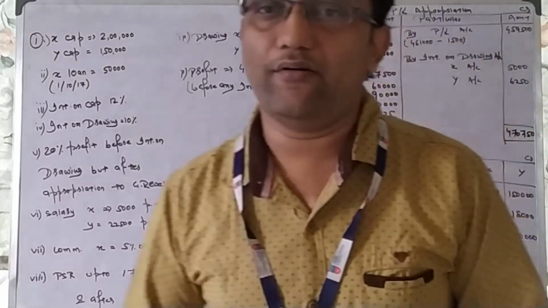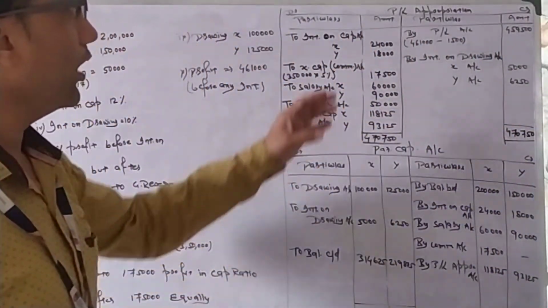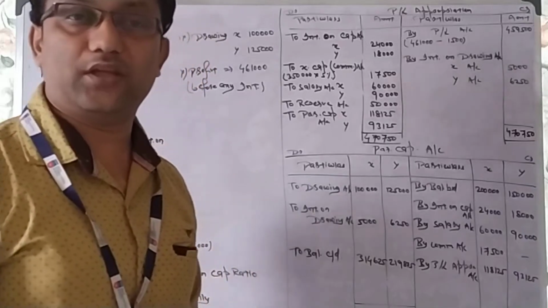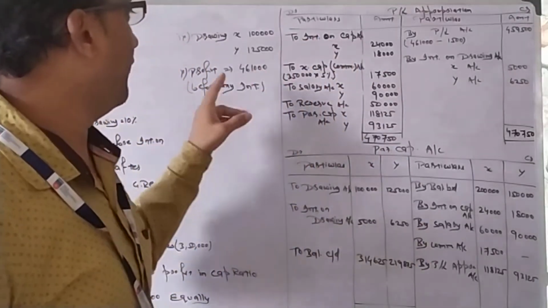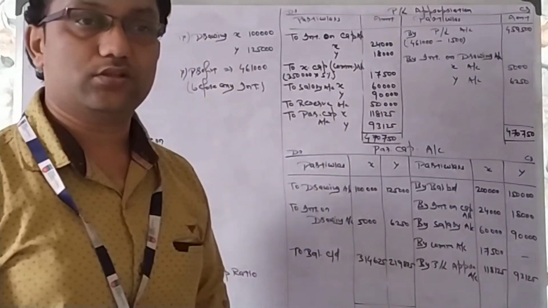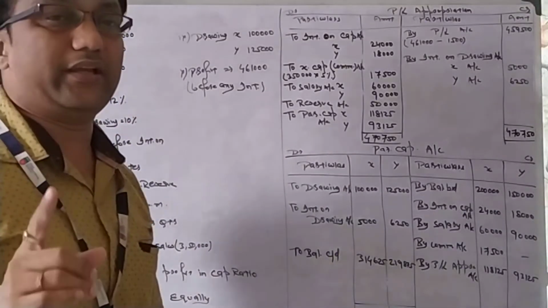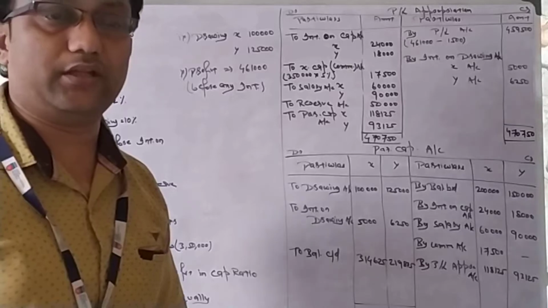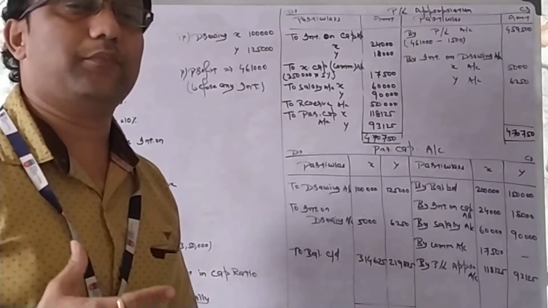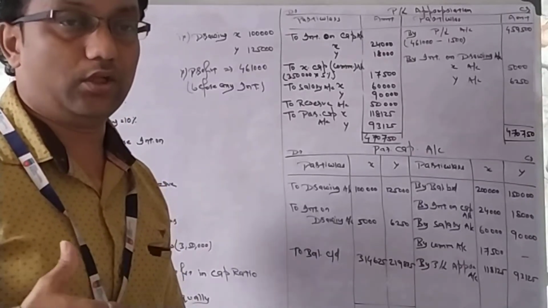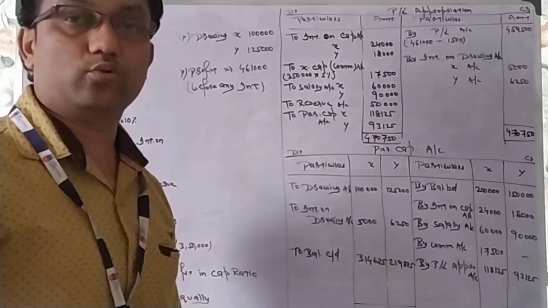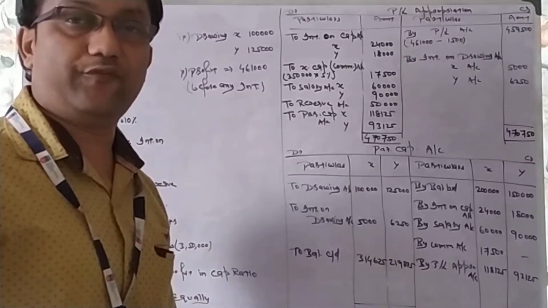Let's start our example. We will prepare first the P&L appropriation account. P&L was 4,61,000 and loan amount was 50,000. Loan taken on 1st of October 2017. That means business has utilized the loan from partner October, November, December, January, February, March.